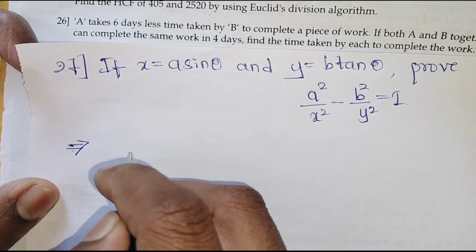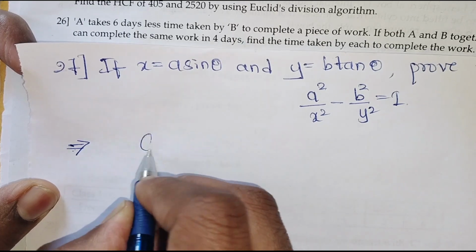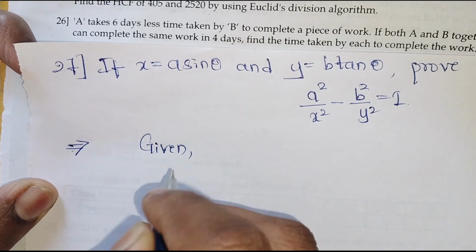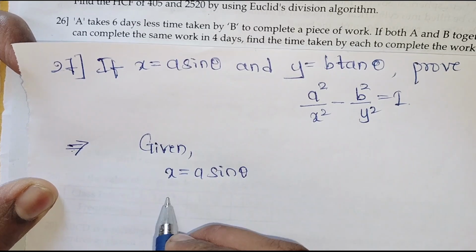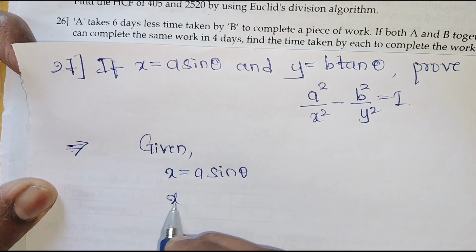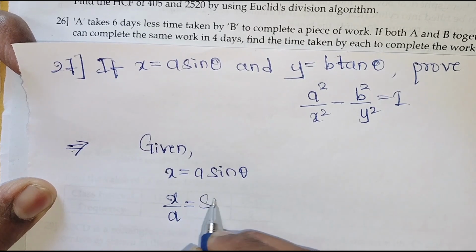That is, given that x equals a sin theta, so it can be written as x by a equals sin theta.